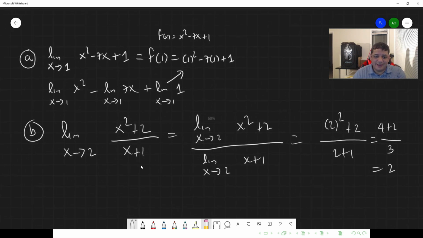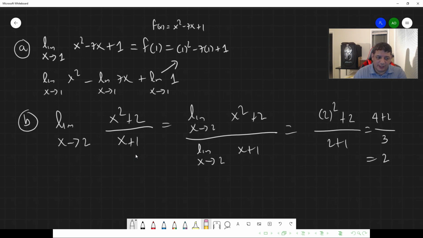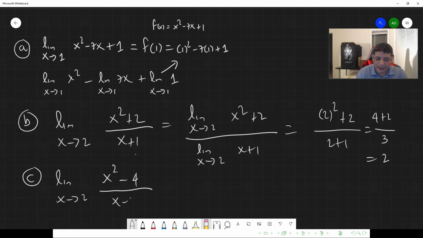Notice that that is going to be a different thing if I do the following. If I do now the limit when x goes to 2 of x squared minus 4 over x minus 2. Okay? Notice since the limit when x goes to 2 of x minus 2 is equal to 0, in here the bottom is 0.